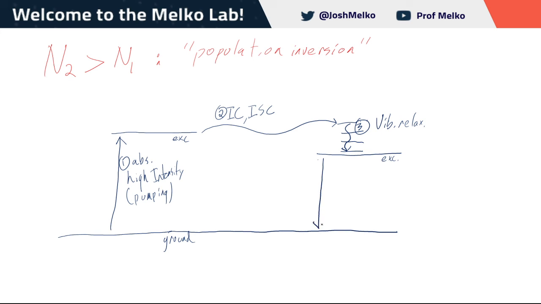Step 4 is then to relax back down in an emission event. Now, we can use this sort of electronic structure and these processes, if they're favorable, to set up the following scenario.